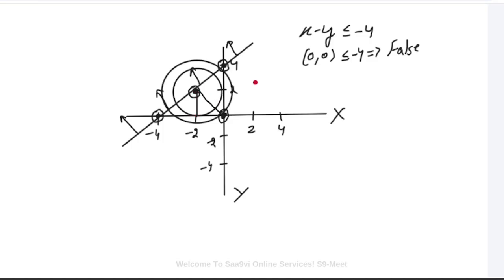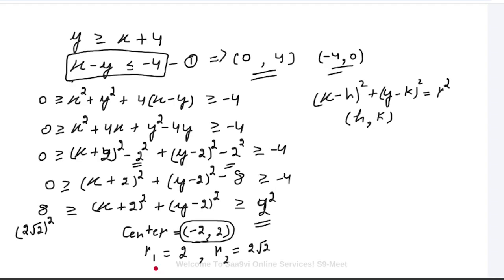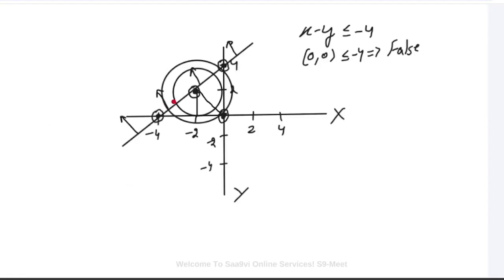Now the area which I have to find is between these two circles, because it says greater than or equal to 2 square and less than or equal to 2 root 2 square. So it clearly says that we need to find this area between these two. Now, how will I find this area? It's very simple. We know the formula for the area of a circle, and this is a semicircle because this is the diameter which we have.